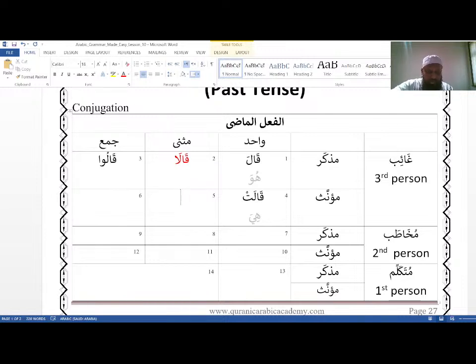To make it muthanna, we put the ta first to make it muannas, and that alif is for the fa'il. Qalata. Here is where the changes come, from here all the way to the end.